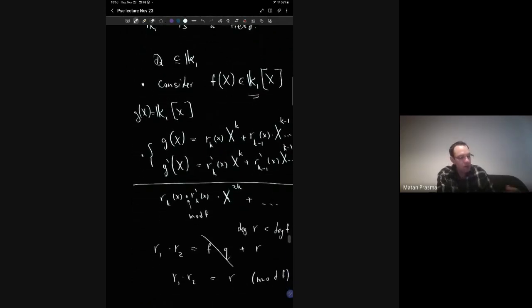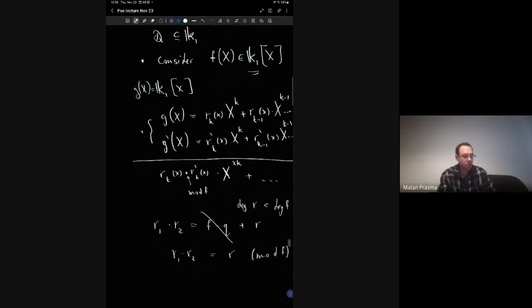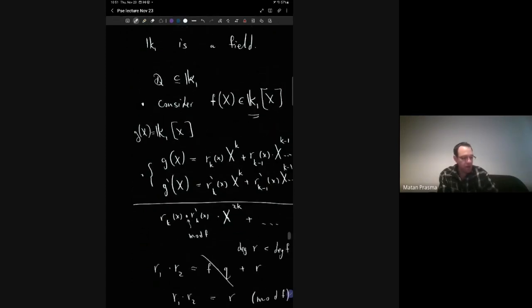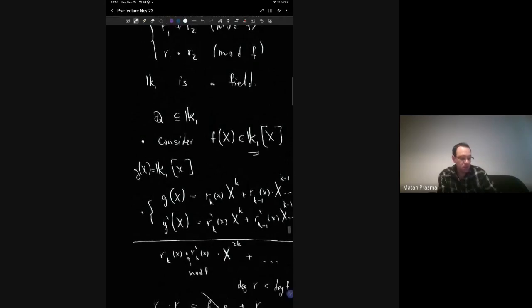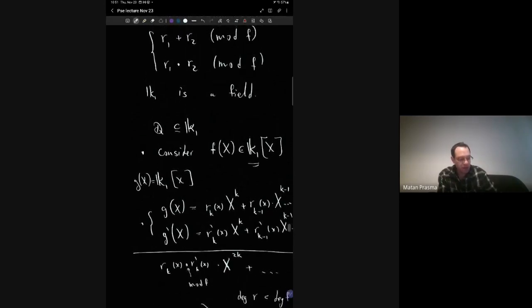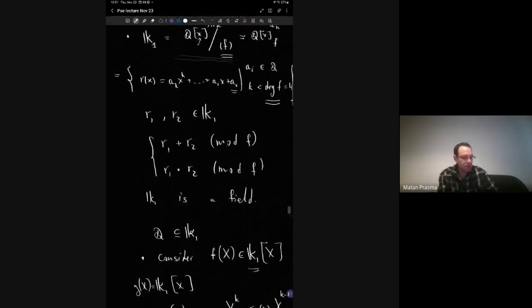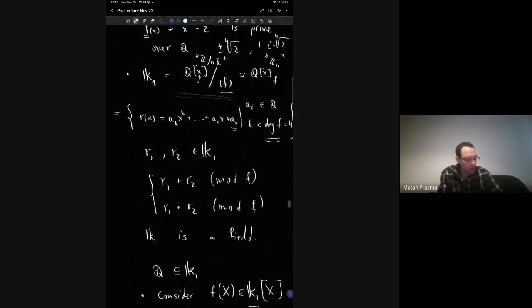So now, okay, I can consider f with capital X in K1[X]. How can I do it? Because f had coefficients in Q, in the ground field. And of course, the ground field Q is simply a subset of these.